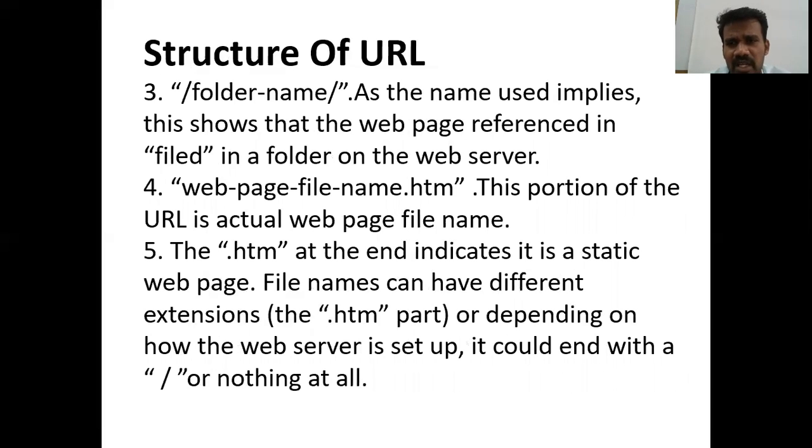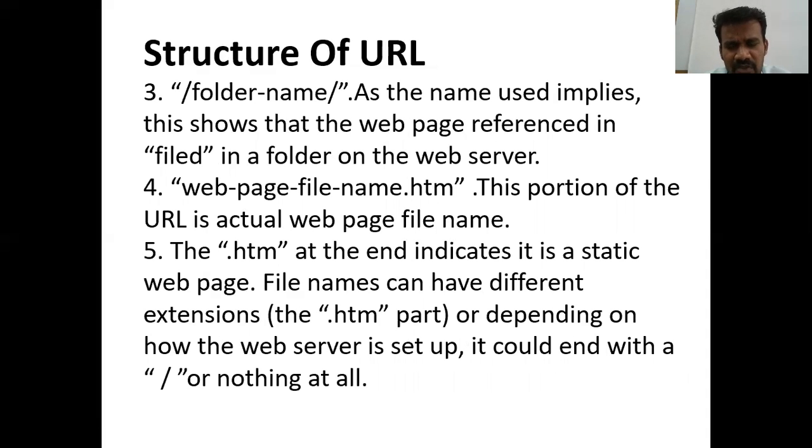The folder name, as the name implies, means the web page is in a file in a folder of the web server. The request you are making will be stored inside a particular web folder. The web page file name.html is the portion of the URL for the file you are looking for. .html indicates it's a static file.